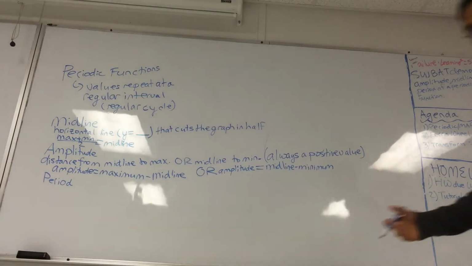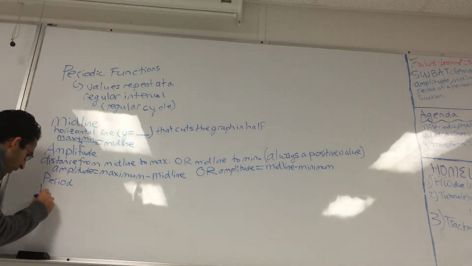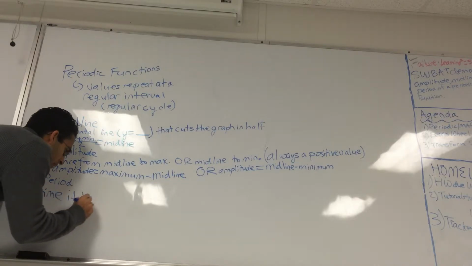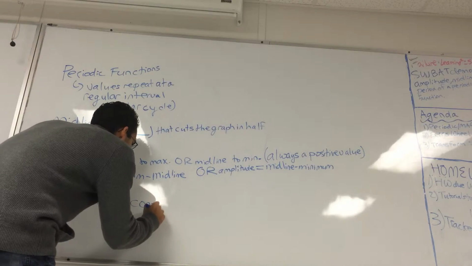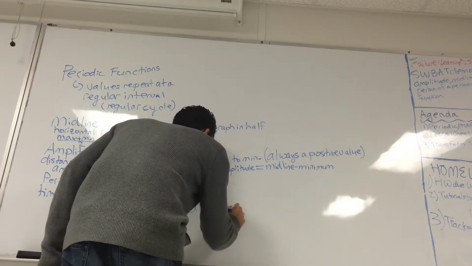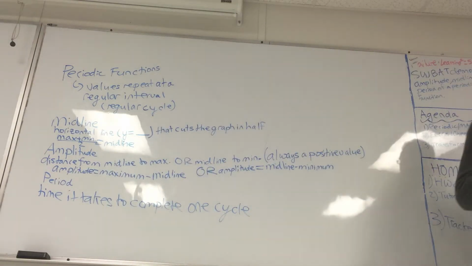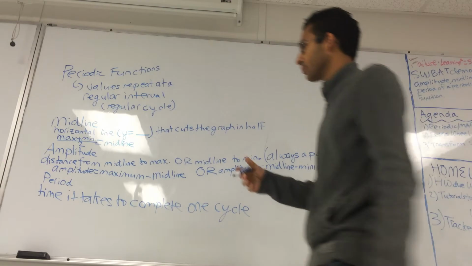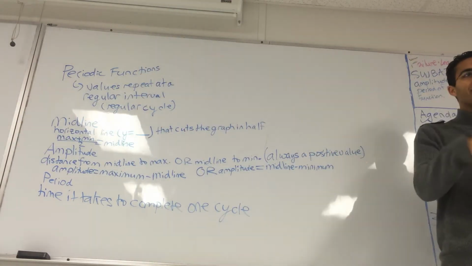Right, and finally the period is the time it takes to complete one cycle. Or the interval, if you want to think about it differently, the interval over which the values repeat.